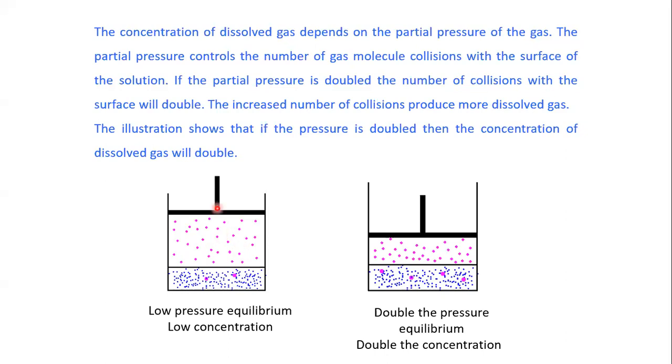But the moment you press down the piston, you're reducing the space in this vessel. So you have more collisions between the gas molecules and invariably the solvent. Here you can practically count just about 2 of the pink particles in the solution.